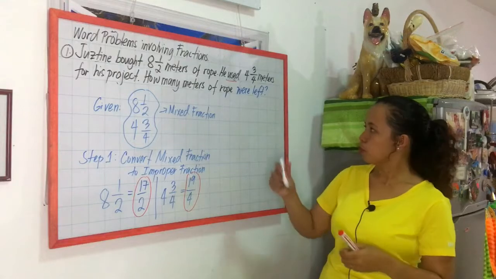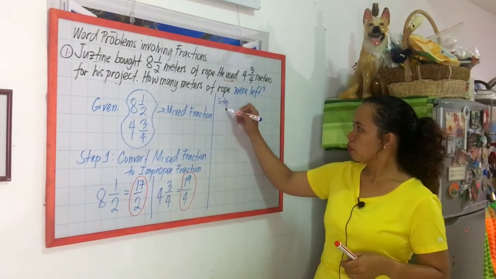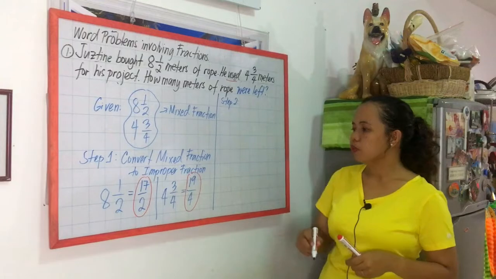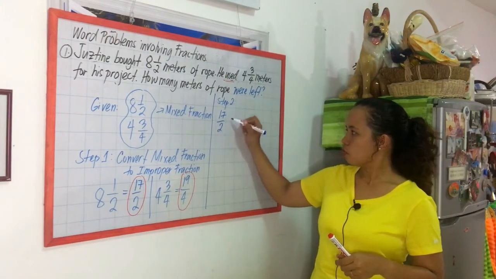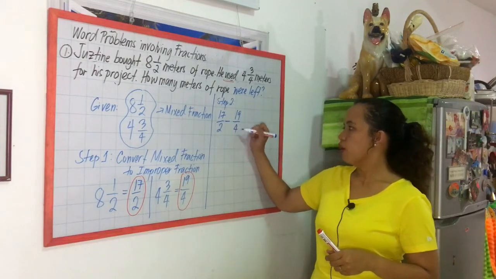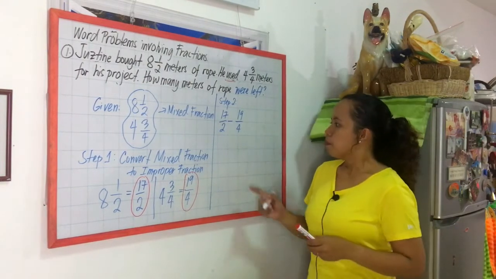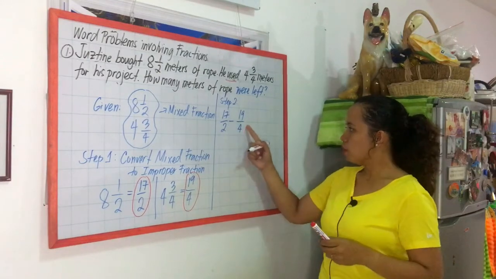Step 2. Isusulat natin siya in subtraction form. 17 over 2 minus 19 over 4. But tingnan natin yung denominator. We have to check the denominator.